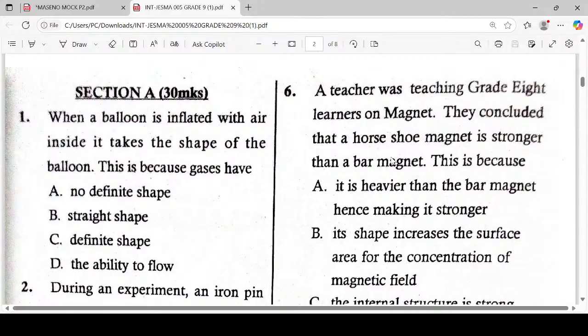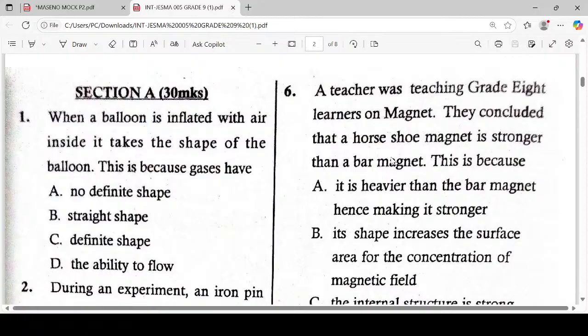What are the properties of solids, liquids, and gases? Once we know those properties, it will become very easy for you as a learner.